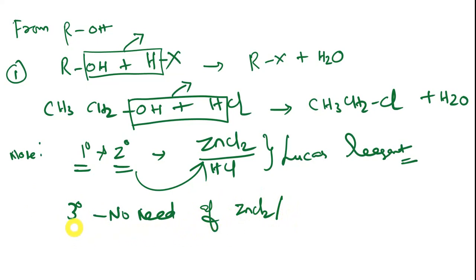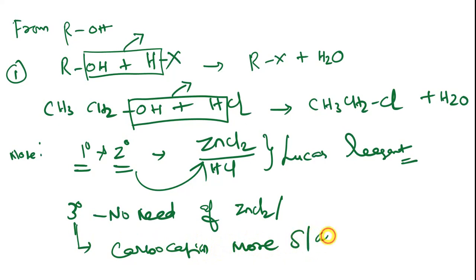Because with a tertiary alcohol, the carbocation will be more stable. Just make a note: tertiary carbocation is more stable, and simply by shaking with the halogen acid, the reaction will take place.